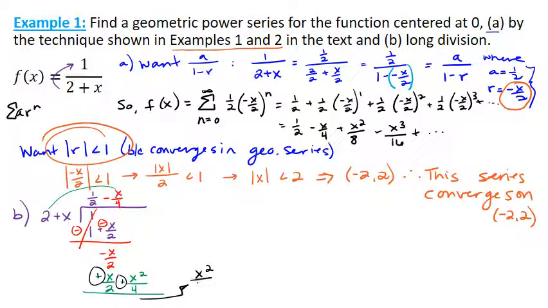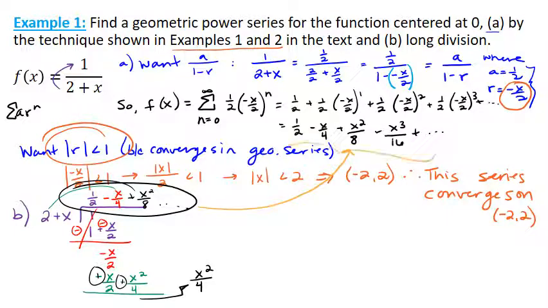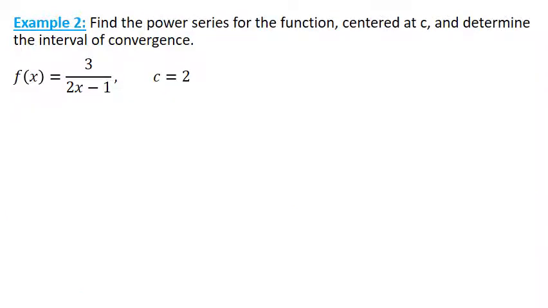You keep going. So this will be a plus x squared divided by 8, and so on and so forth. And what you'll notice is that what you get is the exact same thing that we got here when we put several terms into our geometric series. So we're good to go. On to the next problem.